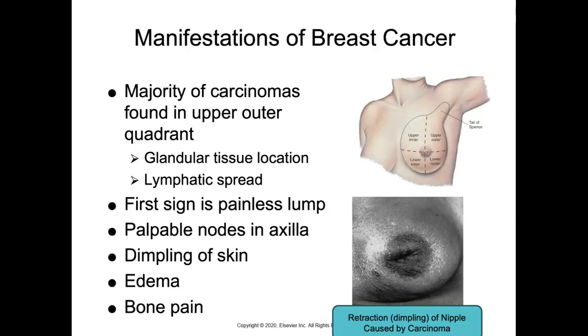Now, the first sign is typically going to be a painless lump. We can also have palpable nodes in the axilla, dimpling of the skin, or a retraction of the nipple, which you see pictured here, edema, and we can also experience bone pain, especially in the back because of metastasis that may take place extending over into the vertebrae.